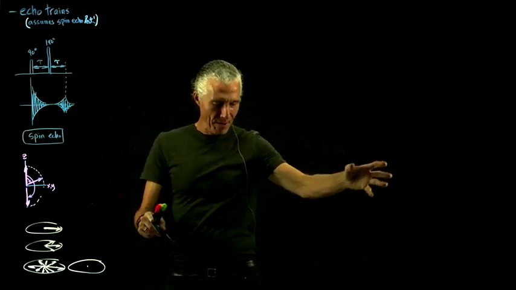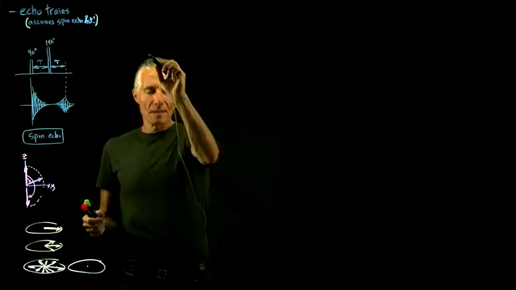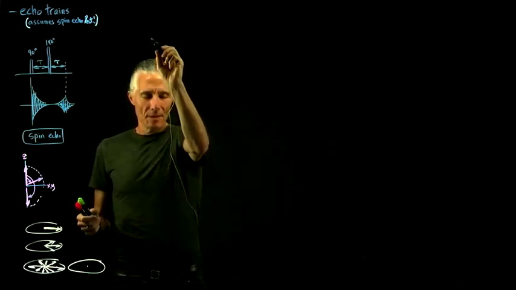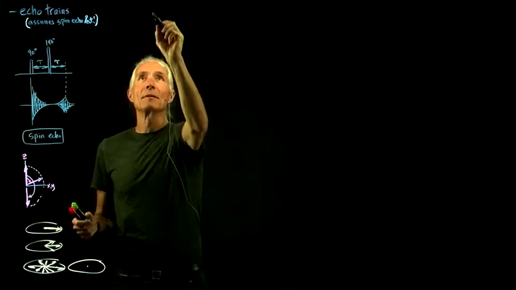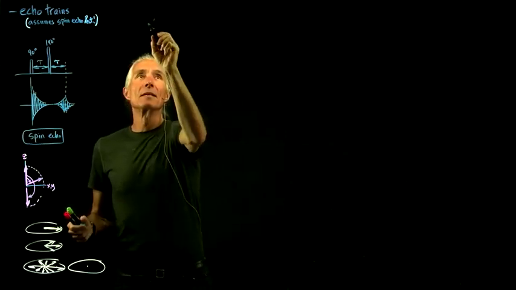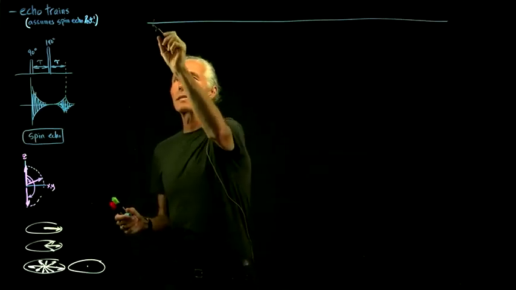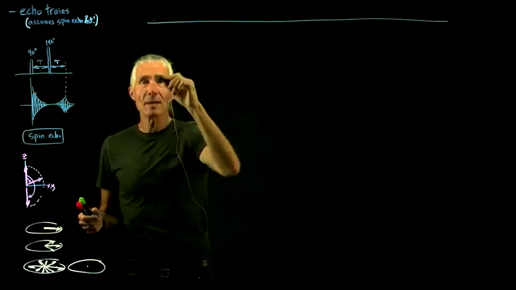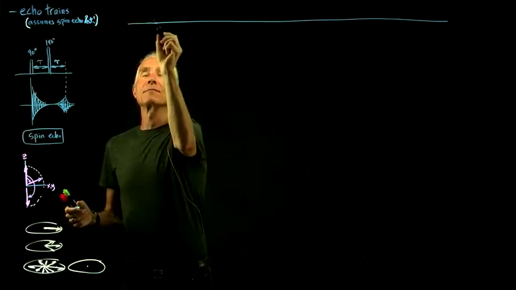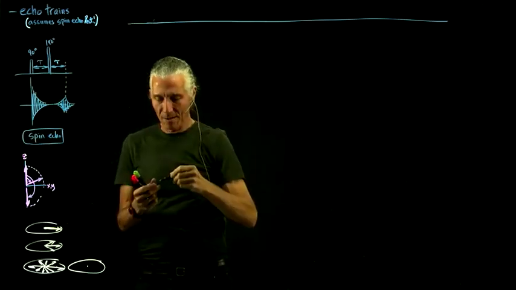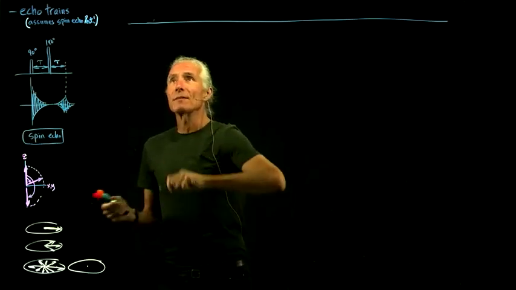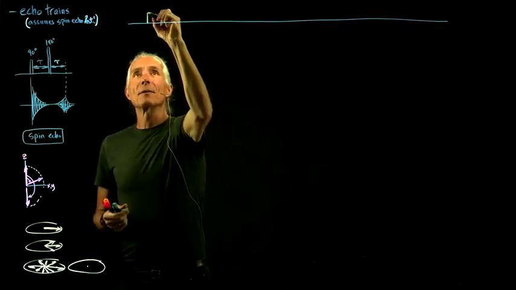So we'll start with a big diagram here. Let's put this up pretty high. So here's the RF stimulation. We're just doing three RF stimuli. The first RF is a 90-degree pulse here.